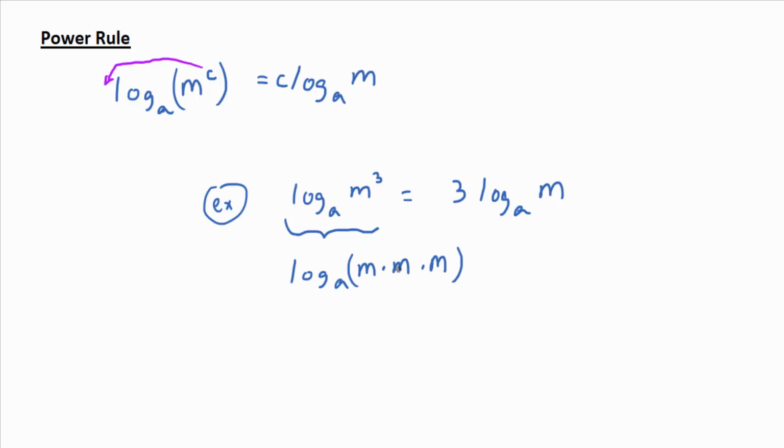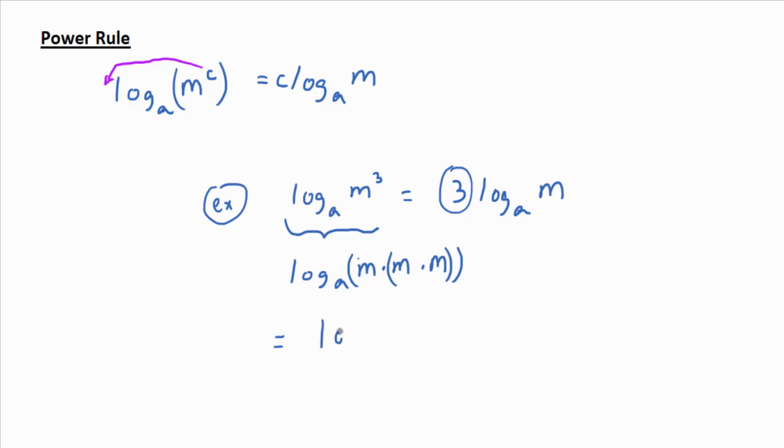Because there's two products in there, all we have to do is apply the product rule twice and add like terms, and we'll see where that 3 comes from in front. So think about it. If you apply the product rule to, let's take m times the m squared, m times m.